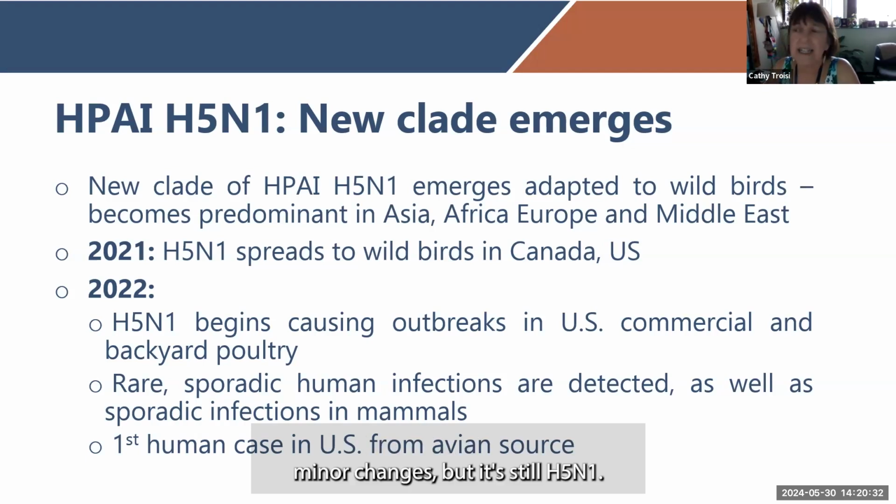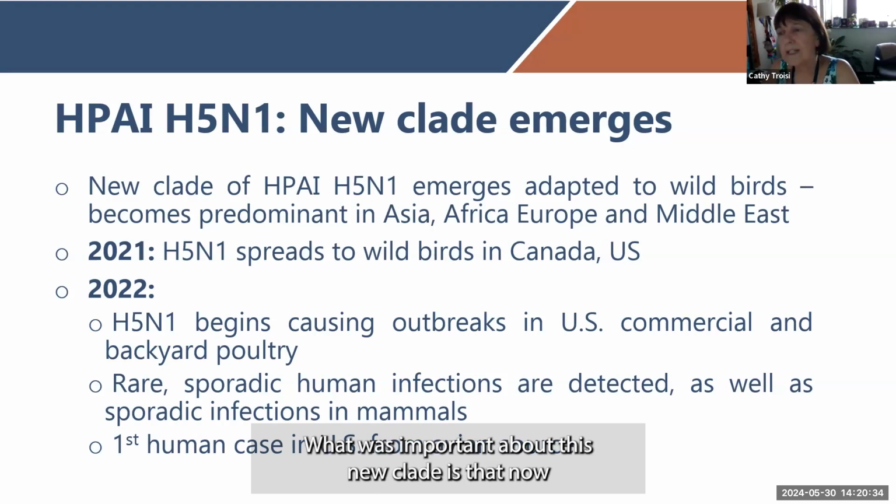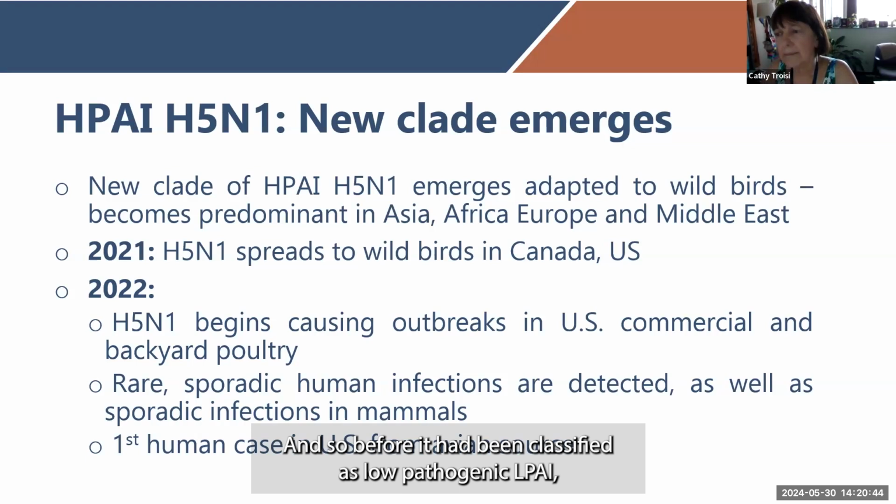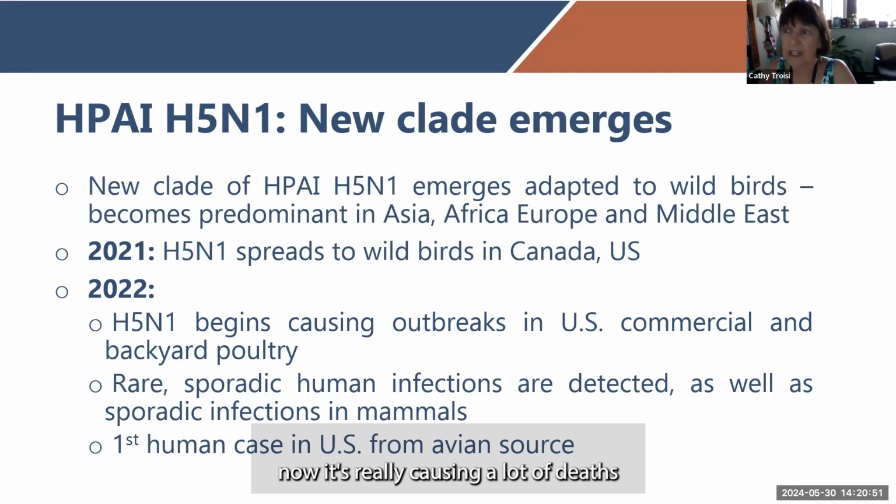Minor changes, but it's still H5N1. What was important about this new clade is that now it was classified as highly pathogenic avian influenza, the HPAI. Before it had been classified as low pathogenic, LPAI. Now it's really causing a lot of deaths in birds and poultry.